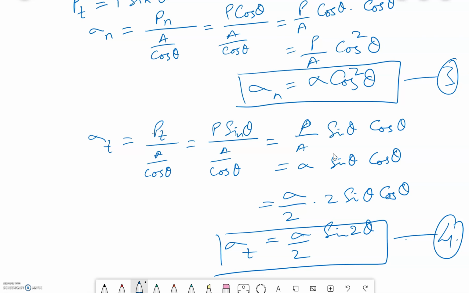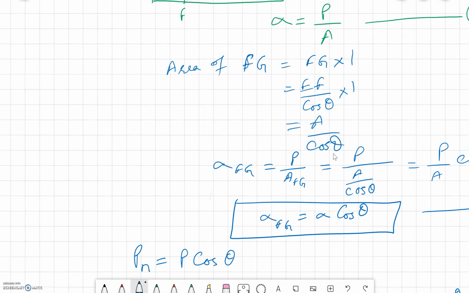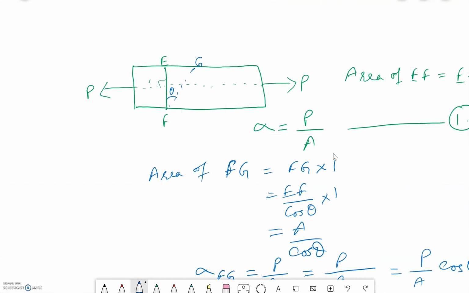Now, a few things to note here: since these are dependent on theta, for the normal stress to be maximum, theta needs to be 0, because cos 0 is 1. That is the maximum value you can get out of cos square theta. So when theta is 0, what are we trying to say? Look at the angle between FG and EF. If this angle becomes 0, then FG will overlap on EF.